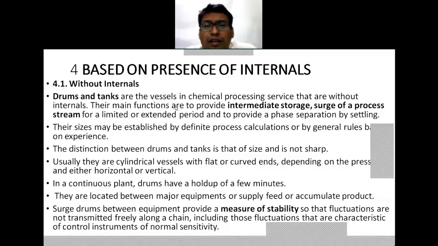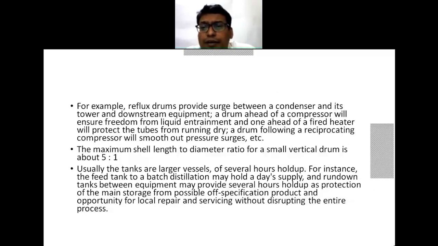That is, the reflux drums provide the surge between a condenser and its towers and the downstream equipments. Your reflux drum, in case of your distillation column, will be there after the condenser. The drum ahead of a compressor will ensure freedom from liquid entrainment.